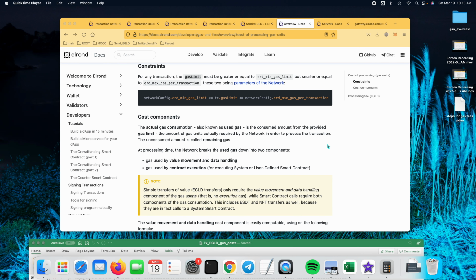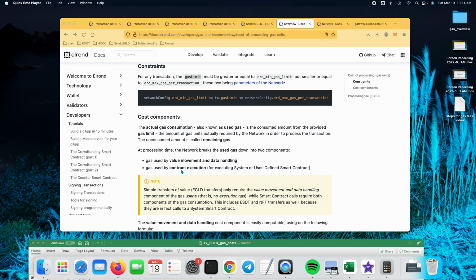Cost components, the actual gas consumption. Okay, you have used gas and remaining gas. This is broken down into 2 used gas components. So essentially, the gas that was consumed is made up of value movement and data handling gas, and gas for contract execution.